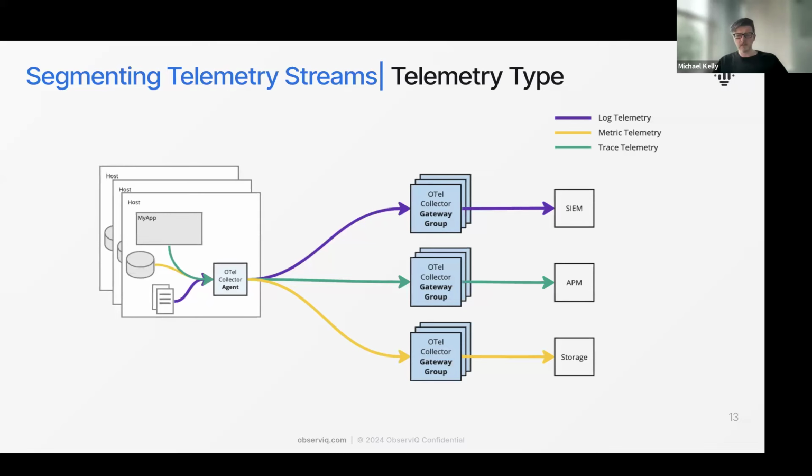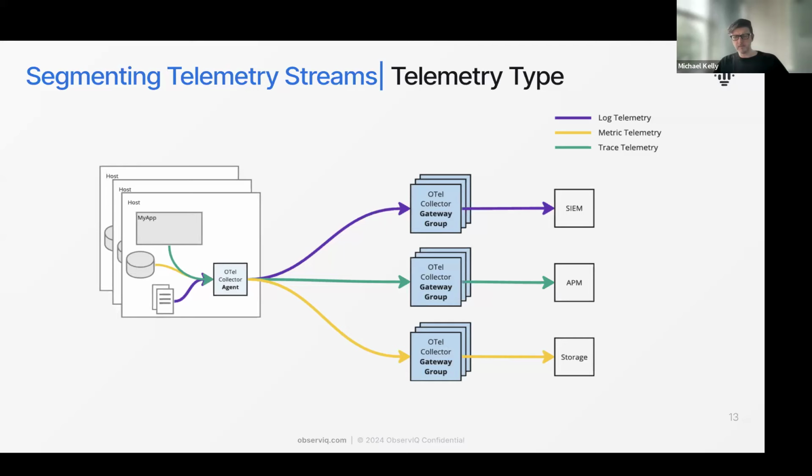So if you have, for example, the majority of your logs going to a SIEM, you have traces going to an APM endpoint, and you also have metrics going to storage, we can break those out and handle them in separate gateway groups, and then handle the processing for each of those streams completely separately. And that allows you to get your scaling a little bit more tuned, because the profile for each of them is going to be very similar, potentially less spiky, and make it a little bit easier to tune that.